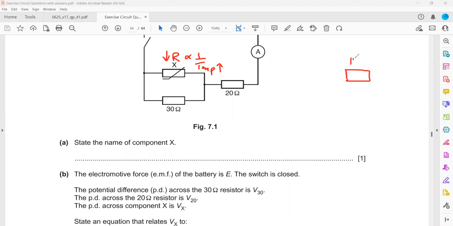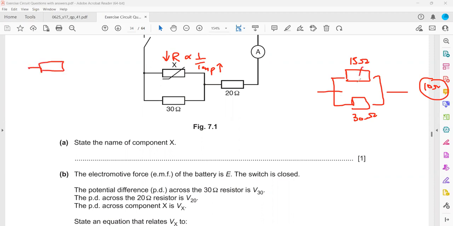Like first it was 15 ohm, and we were getting a combined resistance of this combination of 10. But as the temperature increases, the resistance of the thermistor will decrease. So say we are taking 5, just to explain the idea. Say this was 5 ohm and this one is still 30.